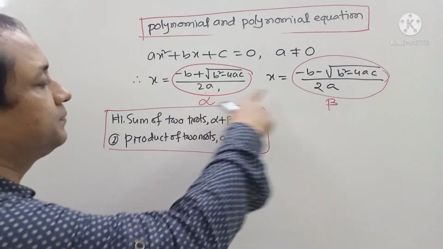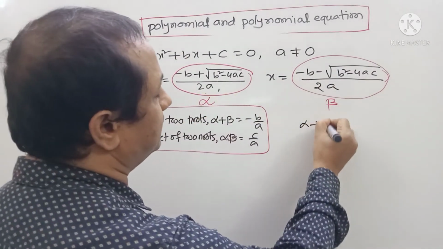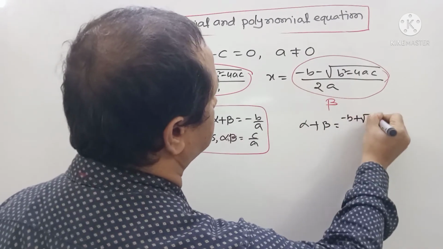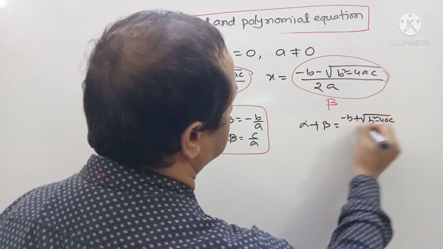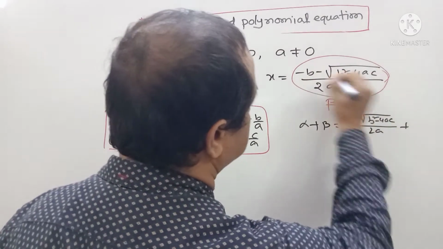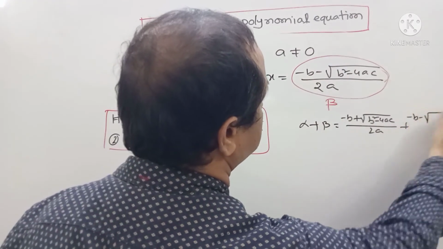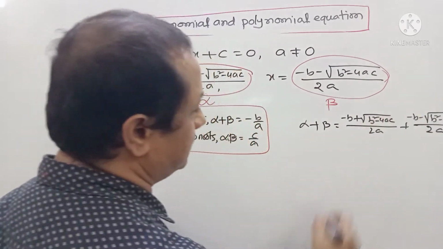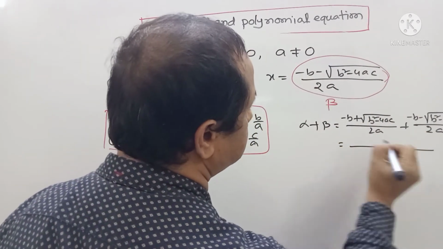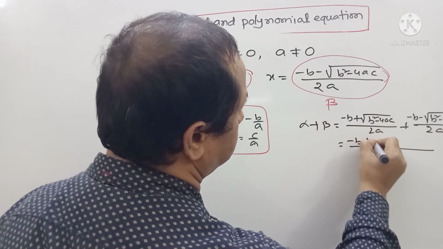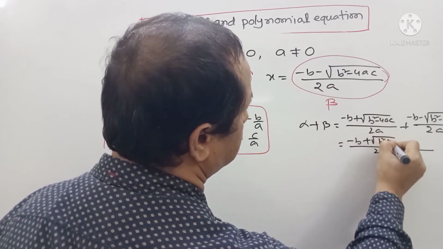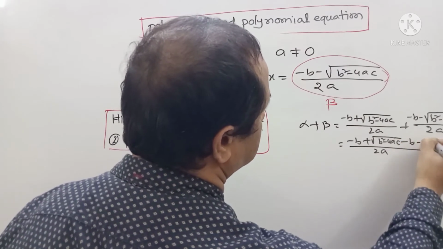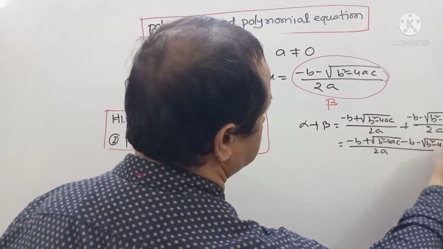So student, alpha plus beta means minus b plus root over b square minus 4ac by 2a, and beta means minus b minus root over b square minus 4ac by 2a. The LCM is 2a, then we get minus b plus root over b square minus 4ac and minus b minus root over b square minus 4ac.